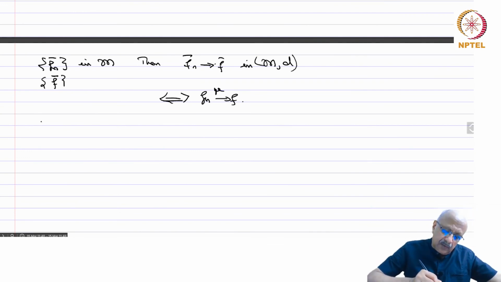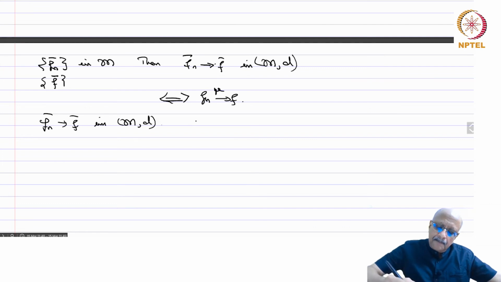So let us assume that F_n bar converges to f bar in M_D. That means the integral over X of phi of mod F_n minus f d mu goes to 0.